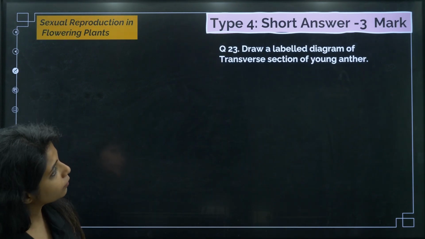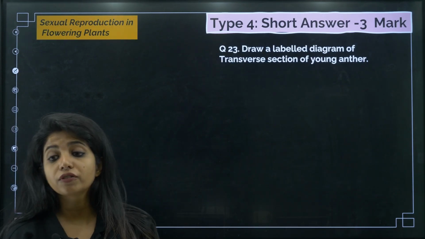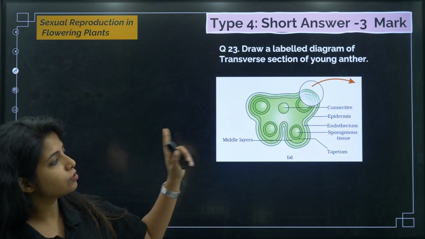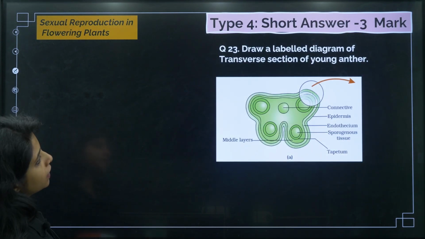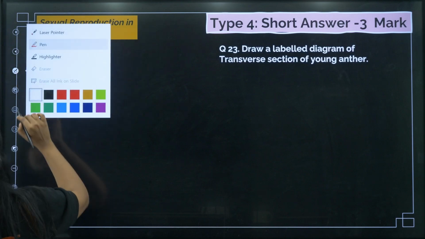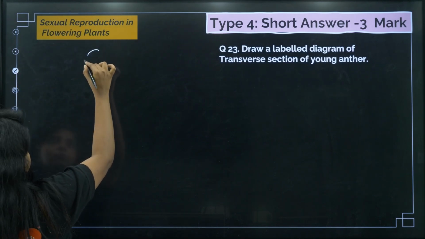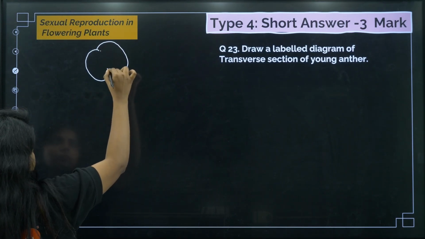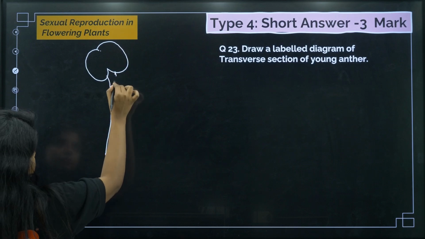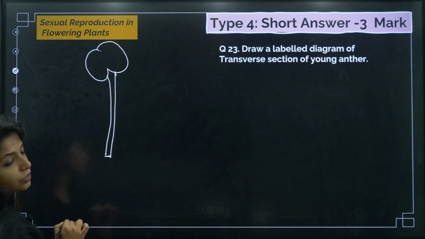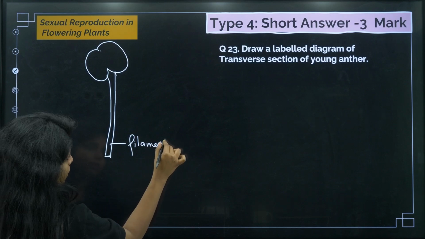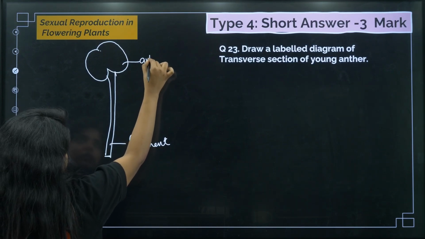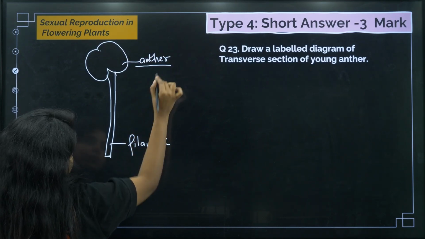Going ahead, draw a labelled diagram of a transverse section of a young anther. So your anther looks like this, children, and I'll explain it to you. This is your stamen, where this thing that you see over here is the filament, and this is the anther. Anther is bilobed.